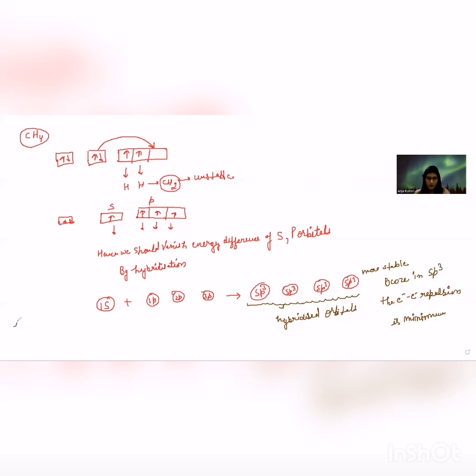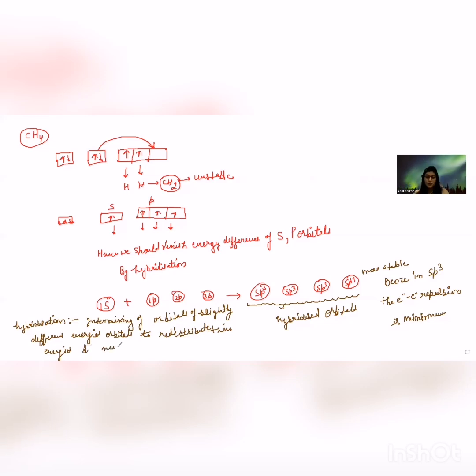Hybridization is intermixing of orbitals of slightly different energies to redistribute the energies, and we get a new set of orbitals having equivalent energies. All right, this is hybridization.